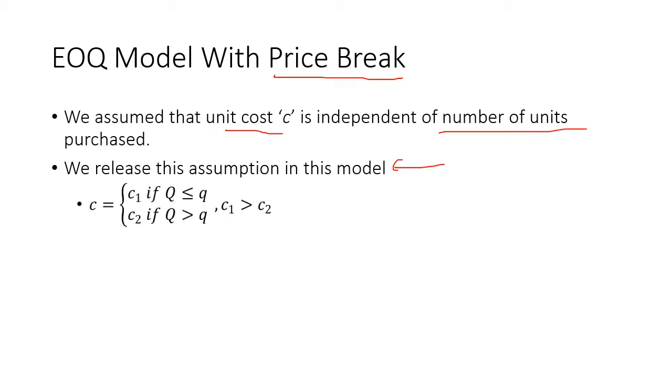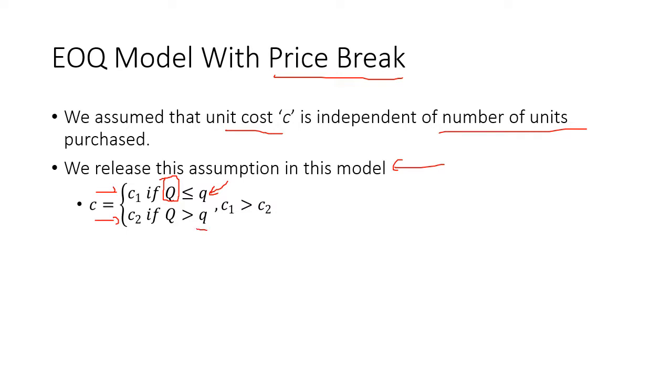So we release this assumption of the same unit cost independent of the number of units purchased or produced. And we say that now we'll be charged a unit cost C1 if we place an order of capital Q units less than a certain threshold small q, and we will be charged a unit cost C2 if the number of units ordered is greater than this threshold small q.